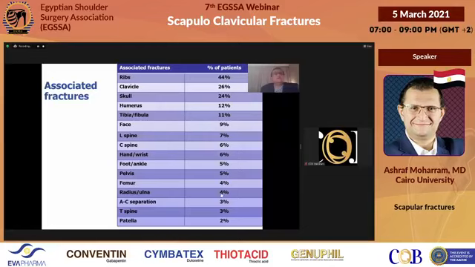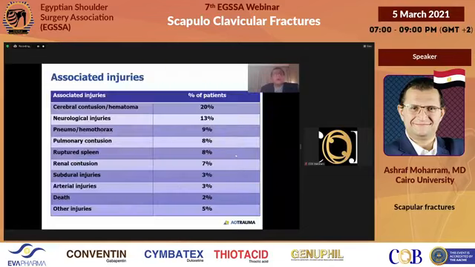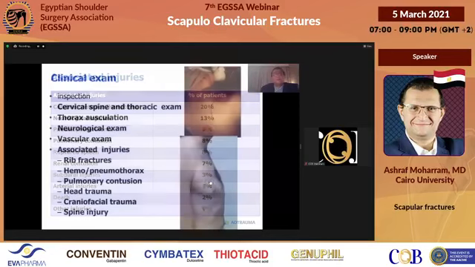Most common associated fractures are ribs, clavicle, as well as skull, while most common associated injuries are head injuries, neurological injuries, as well as pneumothorax and pulmonary contusions, ruptures of the spleen, and renal injuries.